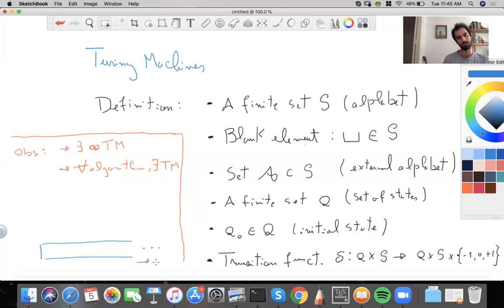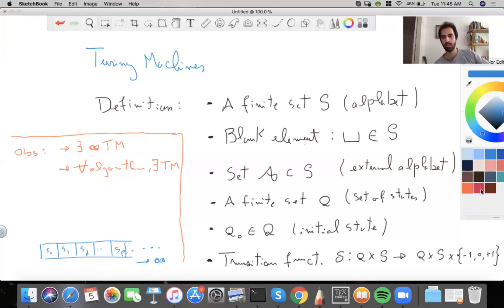This goes to infinity in space, or very, very large, okay? And there are slots where I can write. Okay, so this is slot 0, slot 1, slot 2, and so on, slot P, okay.